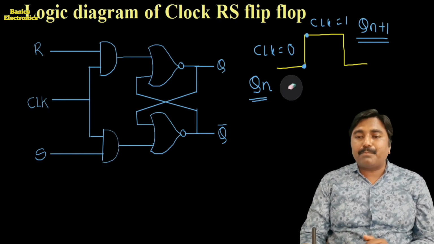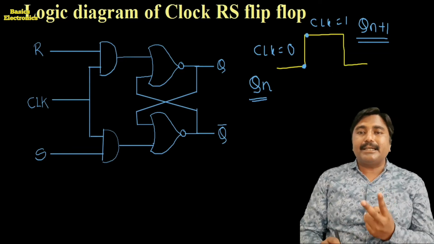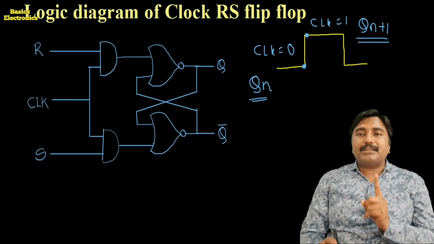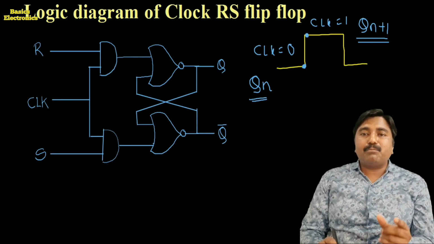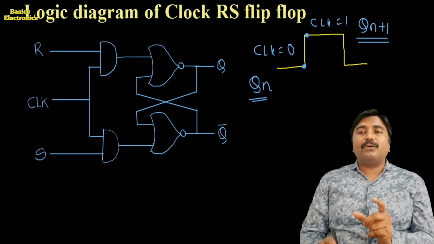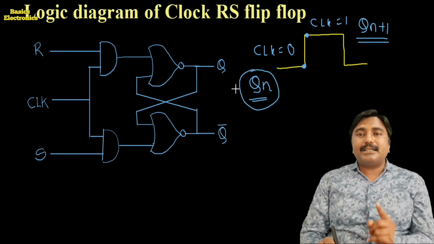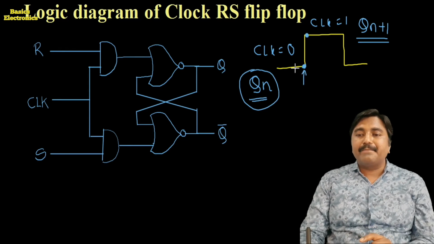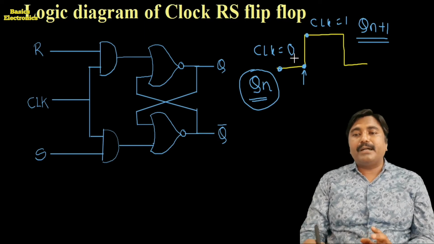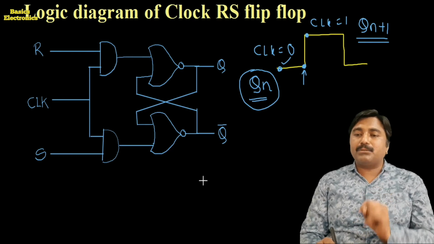Whatever the state of the flip-flop, either the set condition or the reset condition, we consider two time instants. The first time instant is Qn, the time instant just before the clock goes high. Here the clock pulse is equal to 0, and here also the clock pulse is equal to 0, but this point is not just before the clock pulse becomes 1.